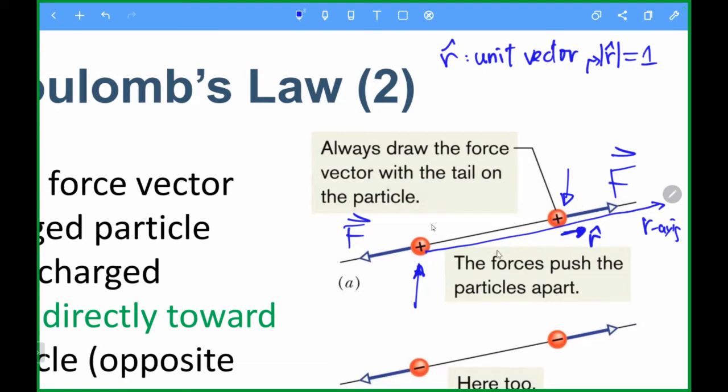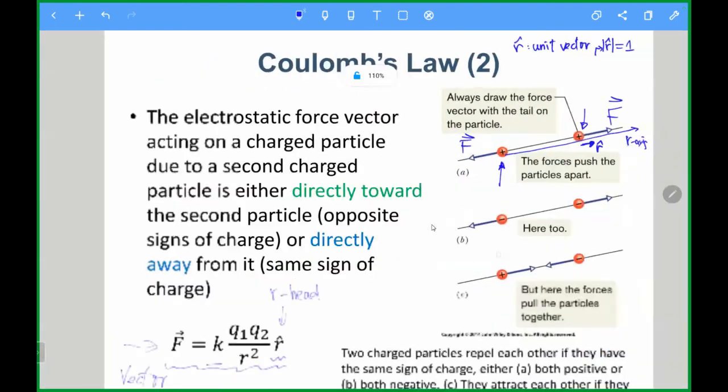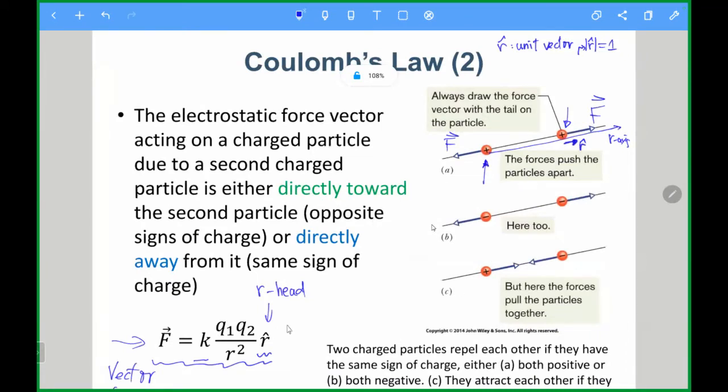So this is R hat, and we plug it into this equation. R hat points to the right side for figure A, and Q1 and Q2 are positive values. R squared is a positive value, and k, which is 1/4 pi epsilon, is also a positive value.